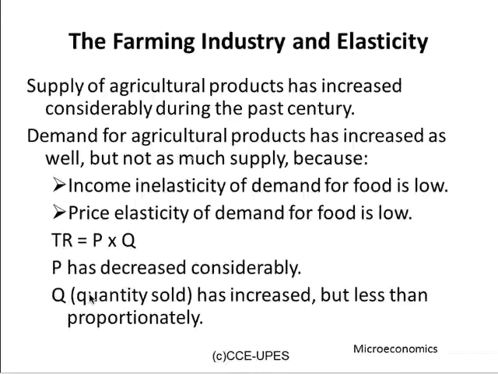Demand for agricultural products has increased as well, but not as much as the supply. However, income elasticity of demand for food is low. Price elasticity of demand for food is low. Prices have decreased considerably, quantity has increased, but less than proportionately.